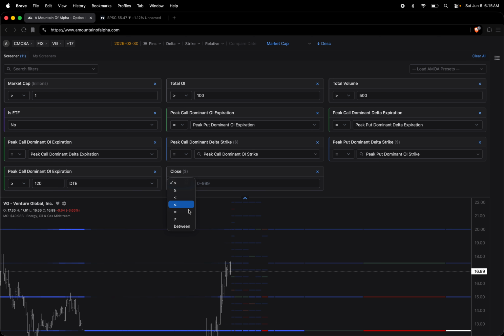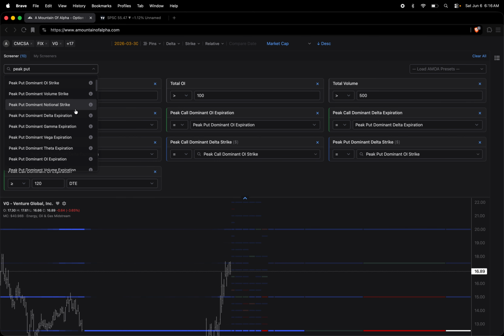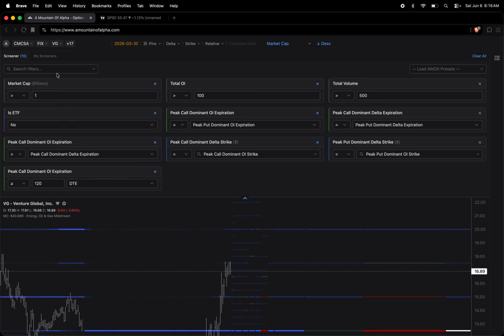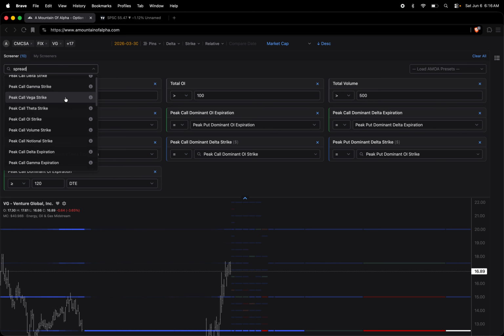Close. No, how do I do this again? There's a way to do this on the site. I forgot how to do it. I don't think I can re-add. Yeah, I can't re-add the metric and do another comparison. That's a bit unfortunate. I might have to fix that. There's a way to do it, let me see if there's a spread.